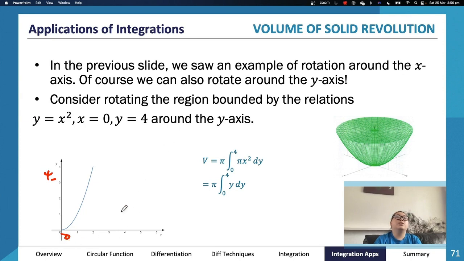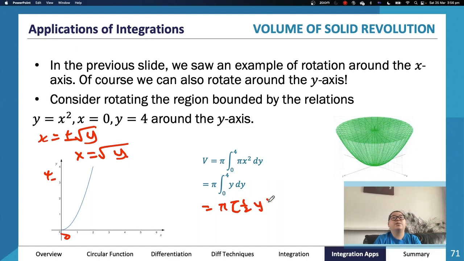This is an equation of y equals x squared, so x would equal plus or minus root y. We can see we're using the positive branch, so x equals root y, and once again it gets squared, very similar to the previous one. We get a half y squared from 4 to 0, so that's going to be pi times 8 minus 0, so it's just going to be 8 pi units cubed.